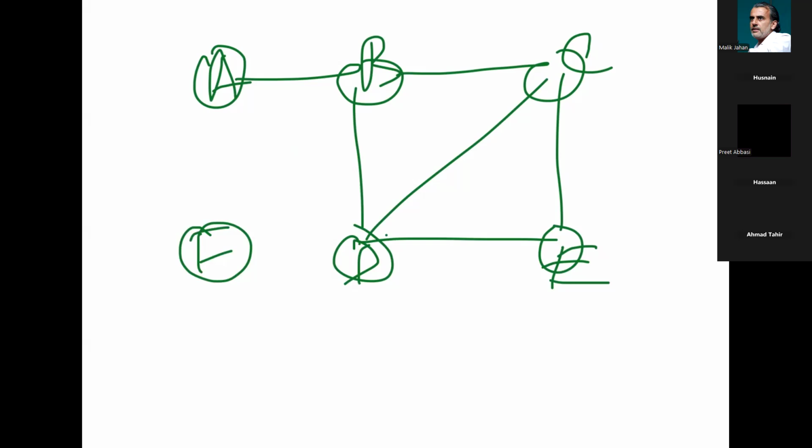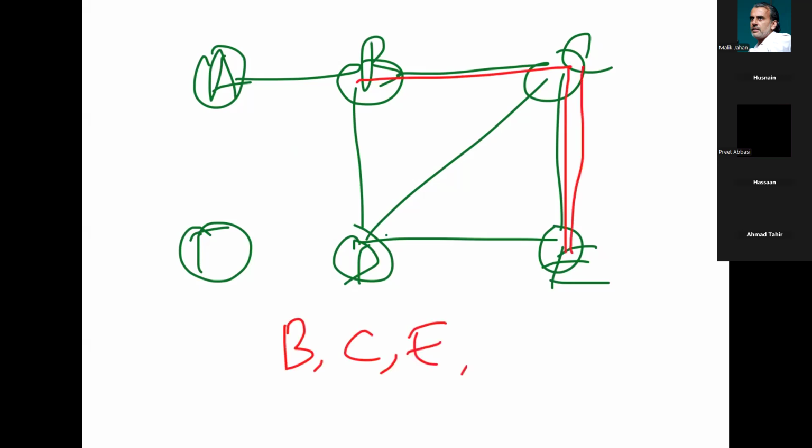Sir, can you explain with an example? Sure. So let's say I start from B, go to C. So I'm writing it as B, C. I go to E, and then I go back to C, and then I go back to B. Can you see it?